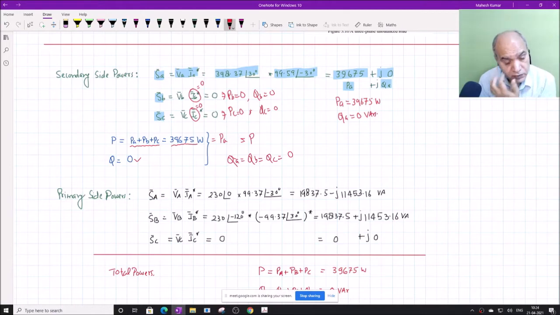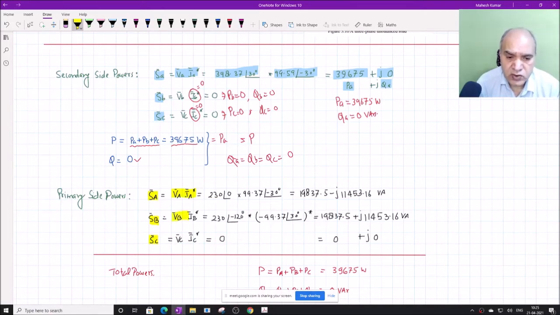But if we compute the primary side powers, that is SA, SB and SC. If we compute the primary side power of the transformer, then we can write VA into IA conjugate, where A is capital. So capital notation refers to the primary side.